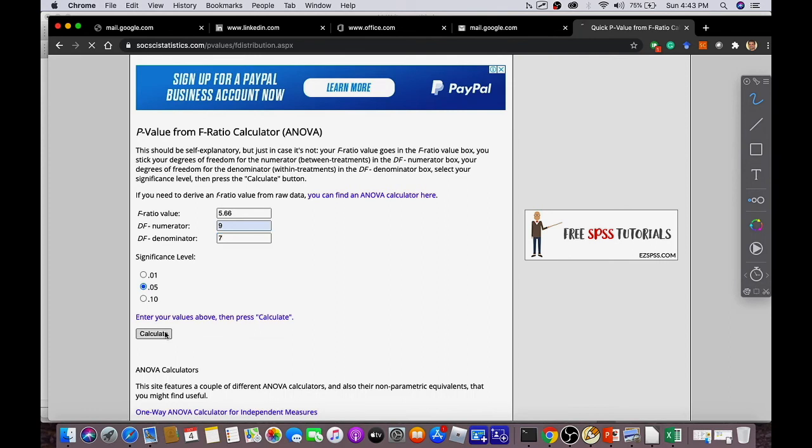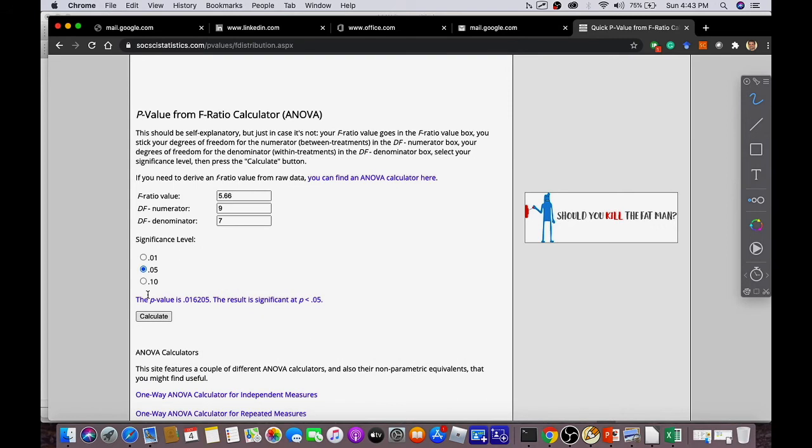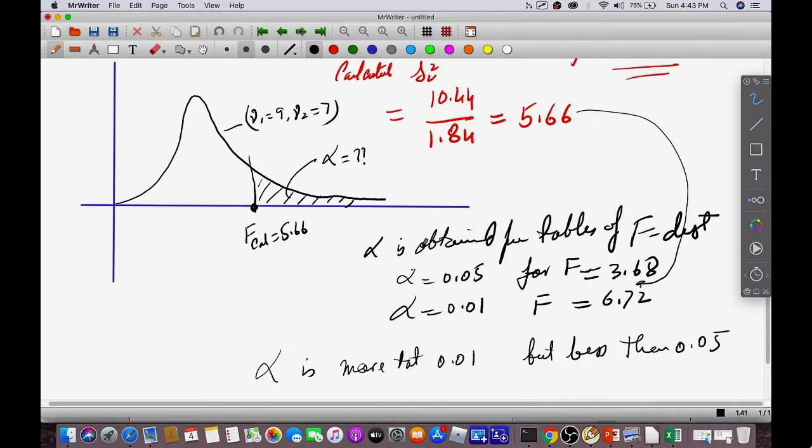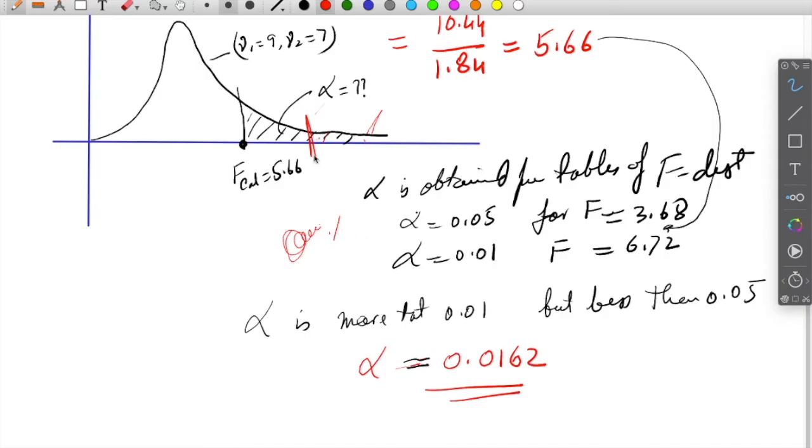If I calculate this, the value of alpha is 0.0162, which is less than 0.05. In this calculator, we see the value 0.01625. So the exact value of alpha we get is 0.0162, which is somewhere here.